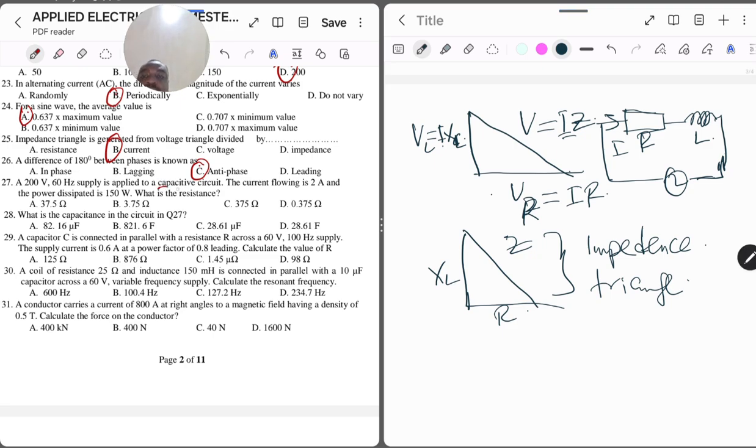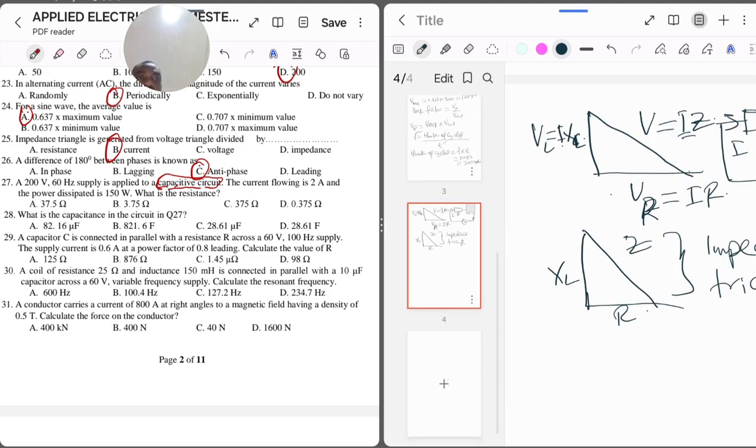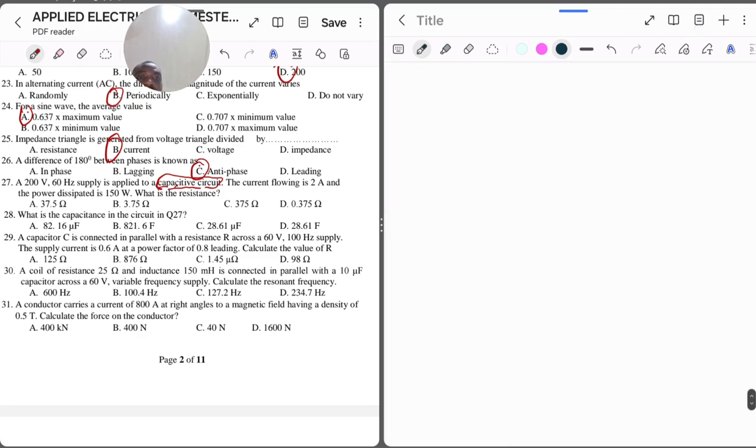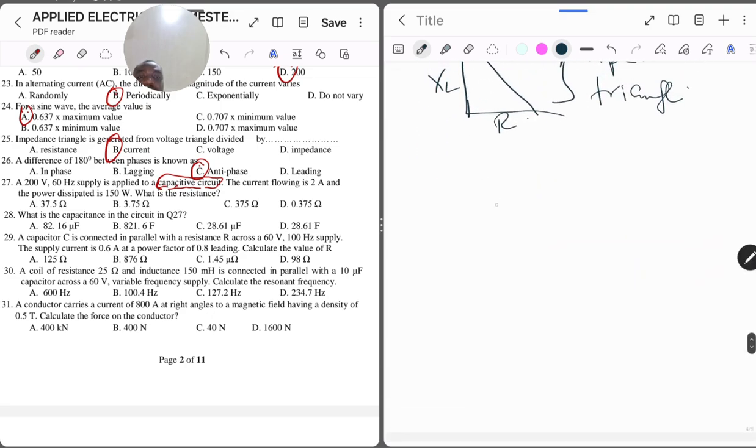This is a capacitive circuit, meaning with the capacitive circuit, we factor in the fact that the capacitor also has some resistance, right? So with this question here, say I have my capacitor, and we factor in the fact that this capacitor also has resistance.